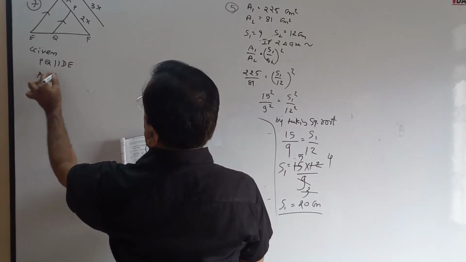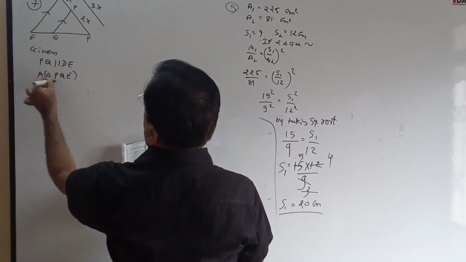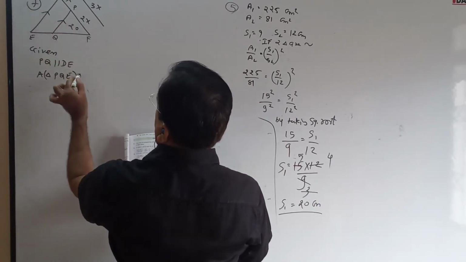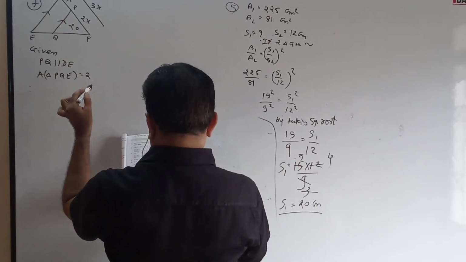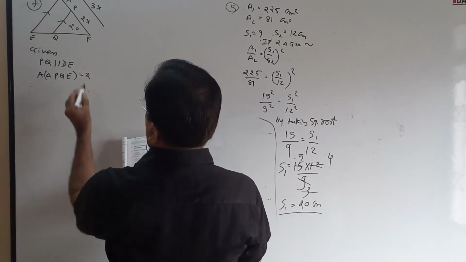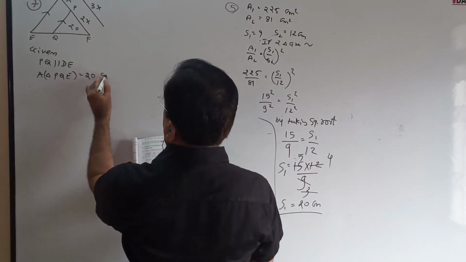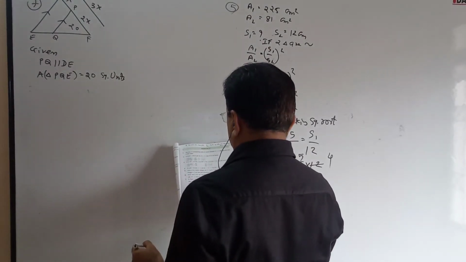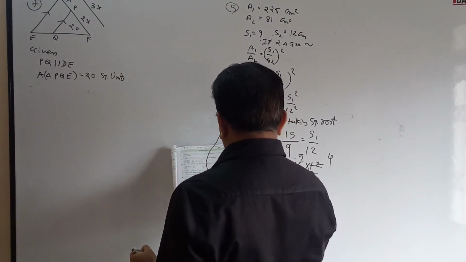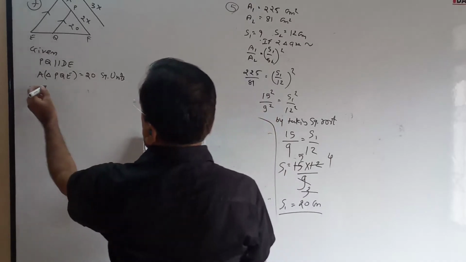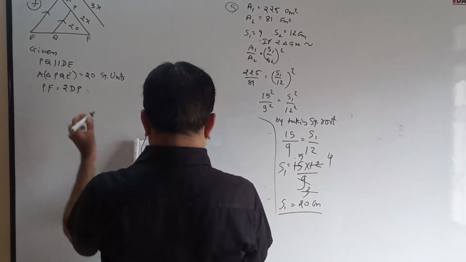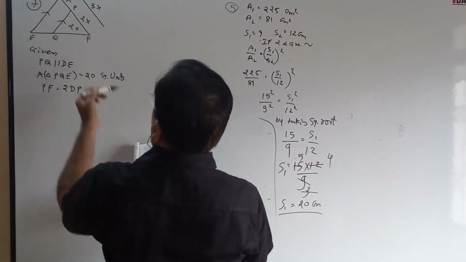Area of triangle PQE is 20 square units. PF to DP.